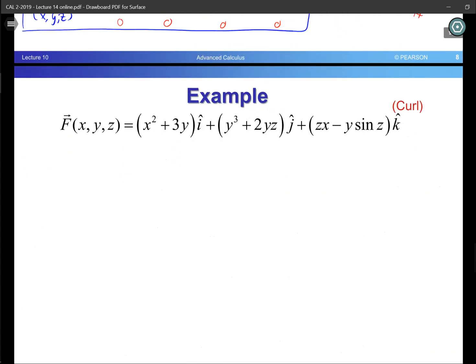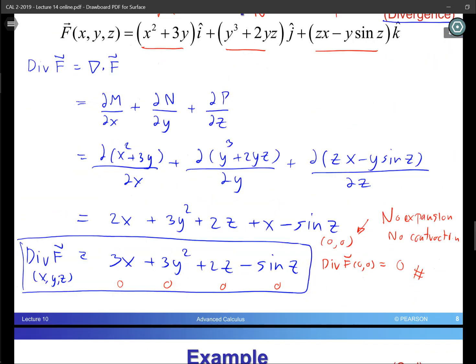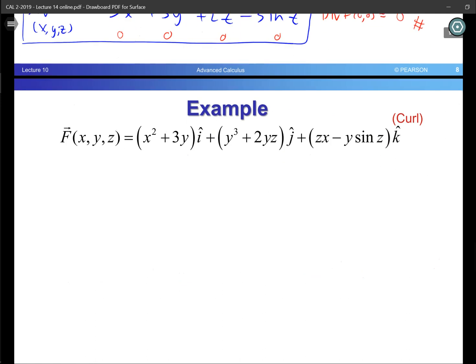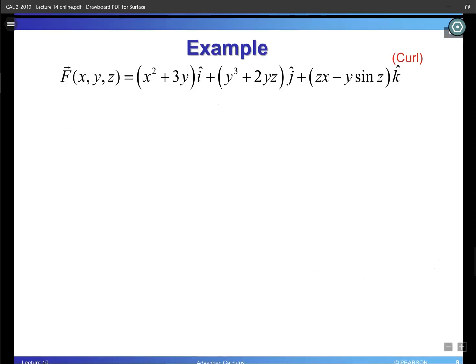Alright, so next, let's try to find the curl of the same vector field, and then we are going to find out the behavior regarding the circulation around the origin. So let's start with finding the curl. The curl of F is going to be equal to del cross F, and I'm going to use the shorter formula that I gave you before.